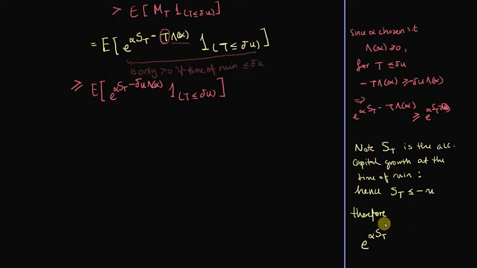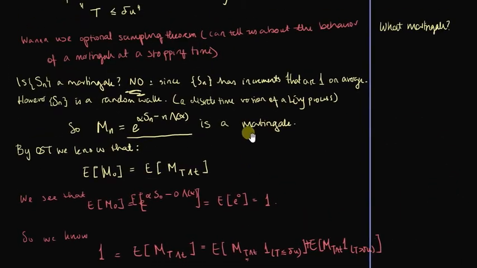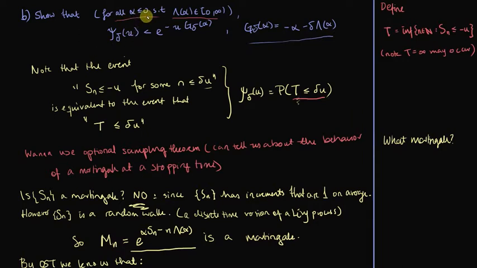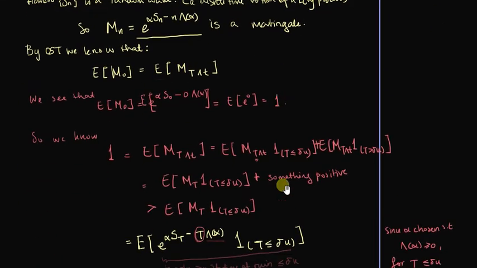But that is fortunately quite manageable, because recall that we assume that we consider alphas that are non-positive. That was part of the exercise description: show for all alphas smaller than or equal to 0.